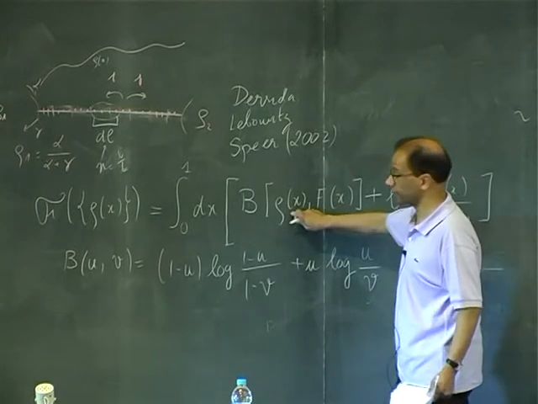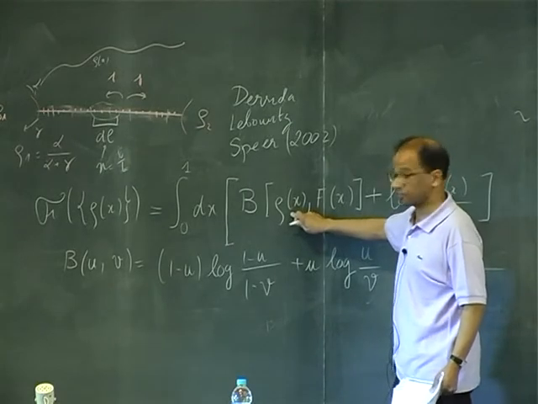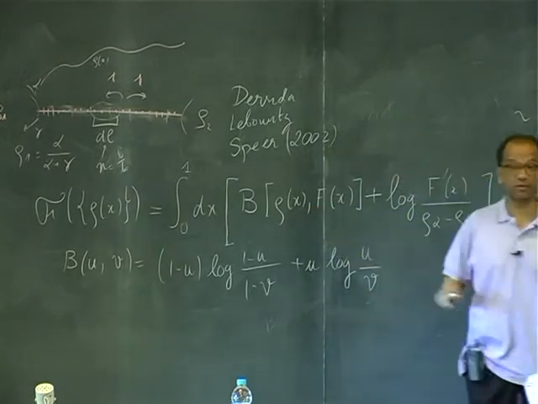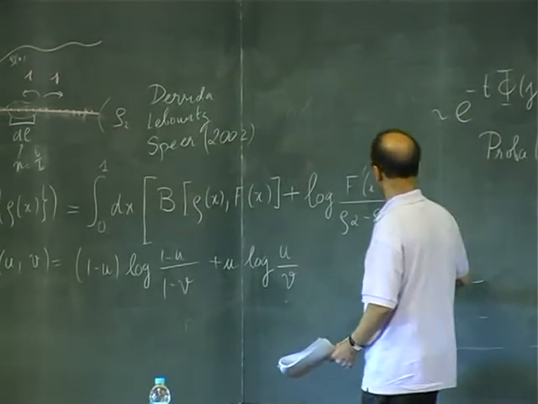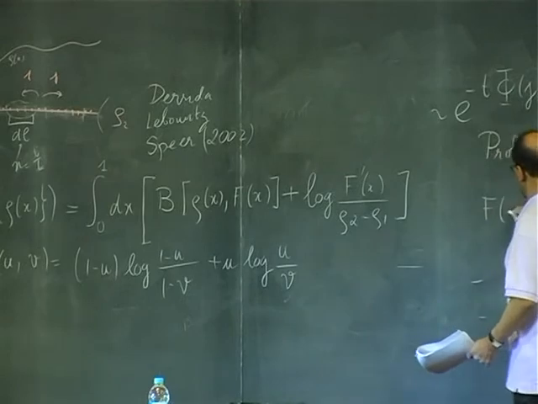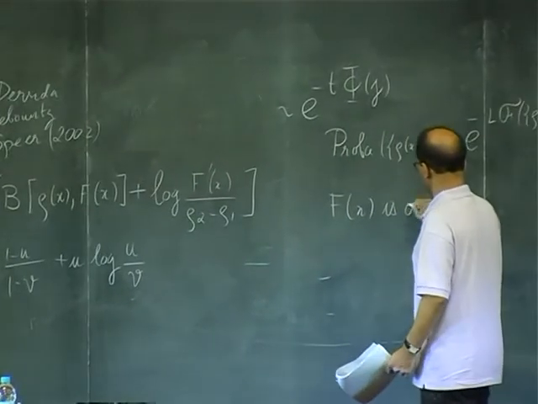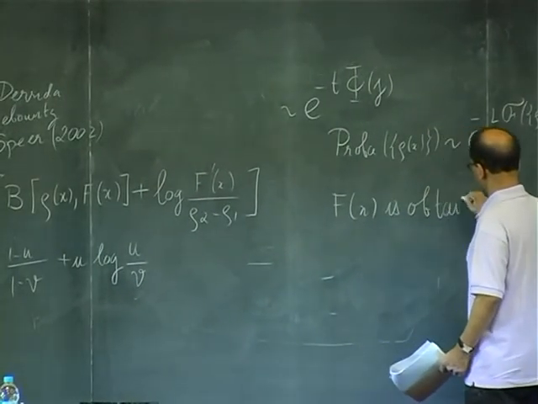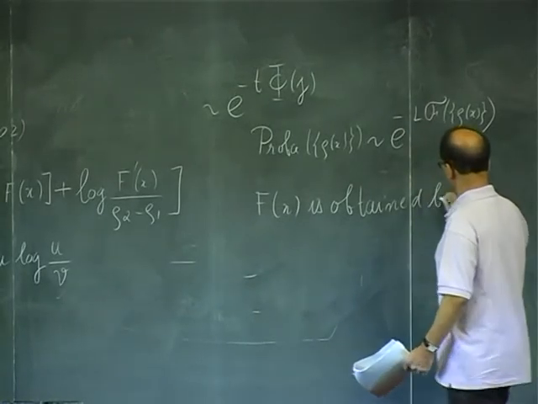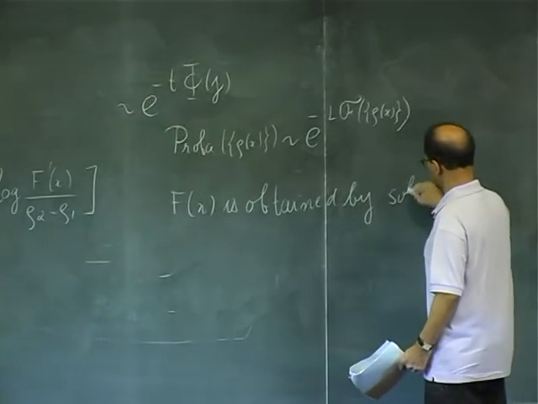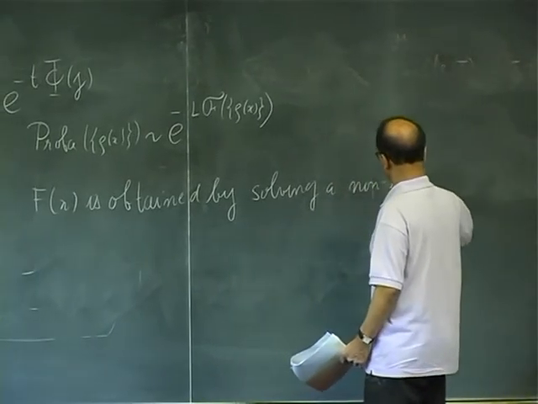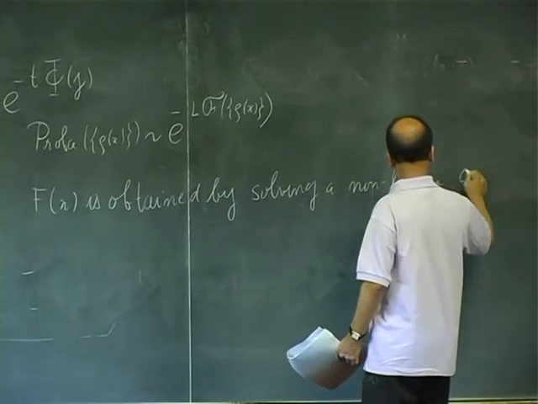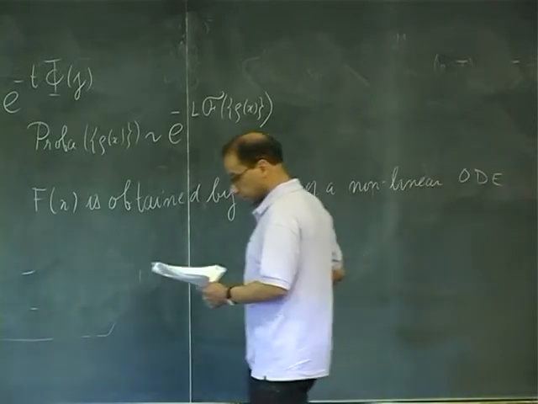Rho of x is the profile, but I have to tell you what f of x is. Okay? And f of x is a very complicated function. F of x is obtained by solving a differential equation, a nonlinear ODE, which really looks awful.